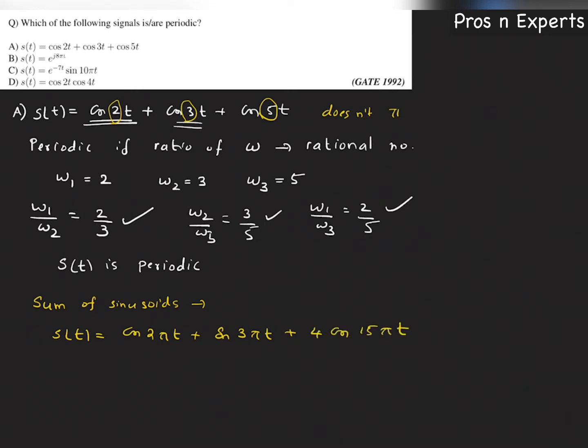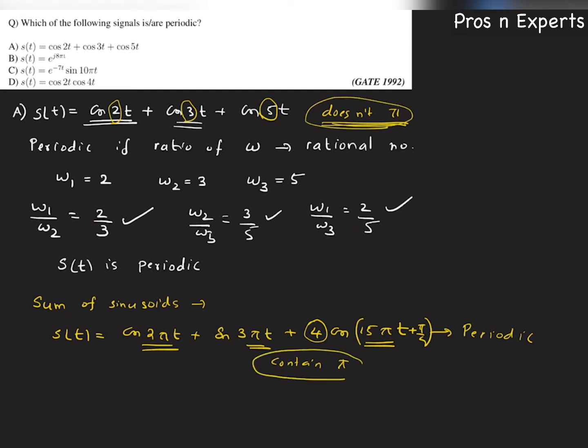This signal is also periodic because all the arguments contain pi. So either none contain pi or all contain pi, then it is periodic. No matter if you have an amplitude here, or a phase shift here, maybe pi by 4, it doesn't alter the result. So if all arguments either don't contain pi or all contain pi, then it is periodic.